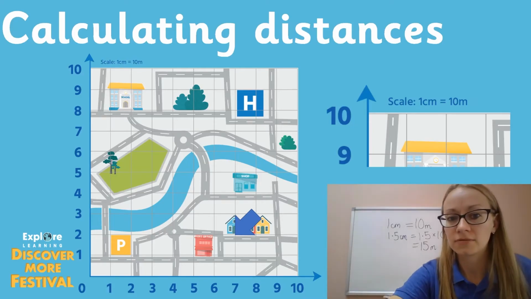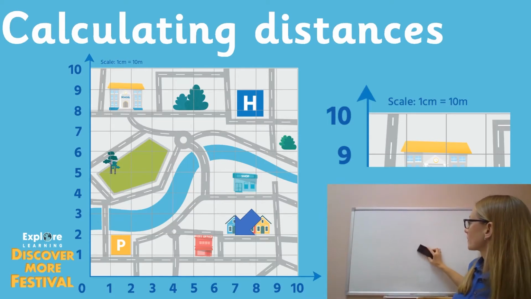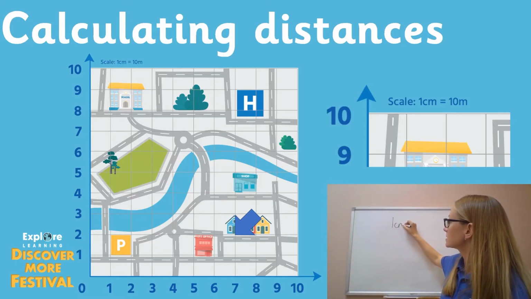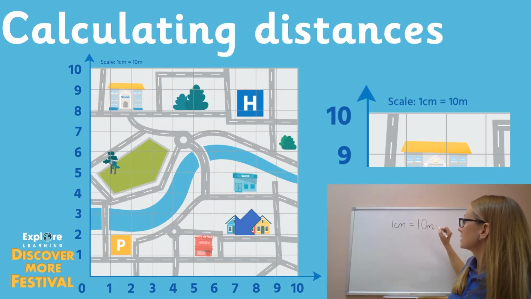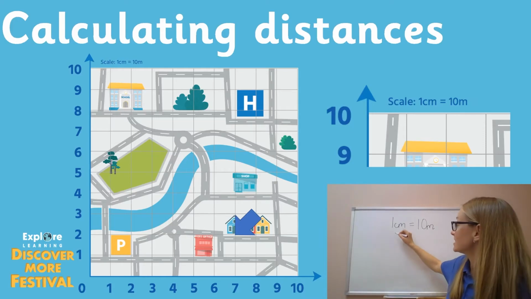Let's make some space for this distance calculation. Remembering that our scale is 1 centimetre equals 10 metres, and we said that our distance on the map was approximately 13 centimetres.